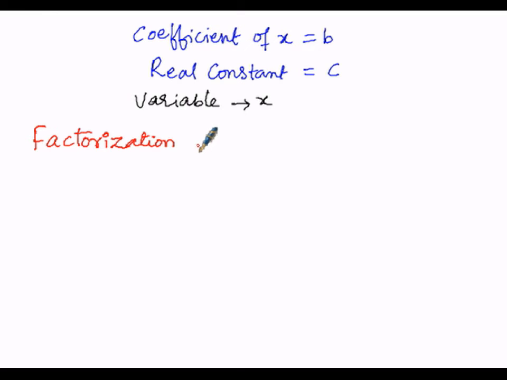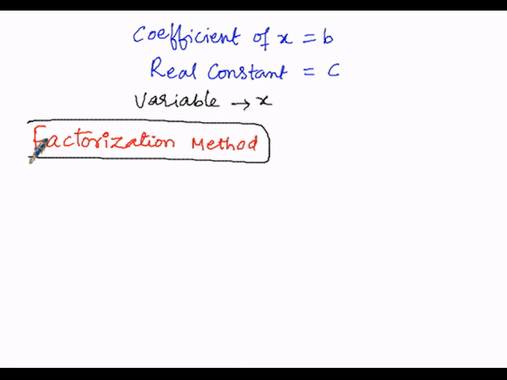Since the variable is x, of second degree, the quadratic equation has two roots, two values or two solutions. So in the first method, we are going to perform the first illustration, that is example number 1.